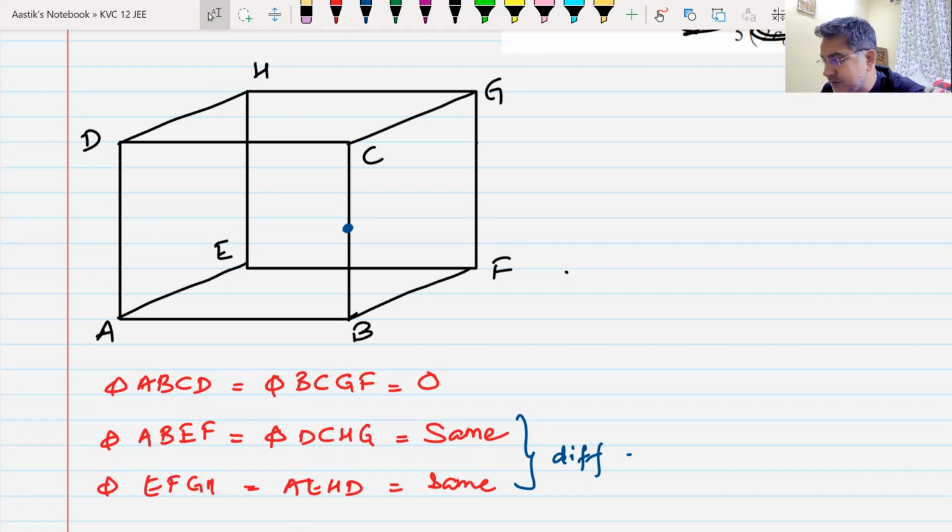Can I have the answer for that one? What is the flux through the entire cube in this case? No one knows the answer?